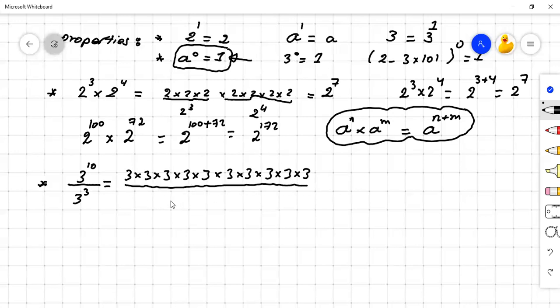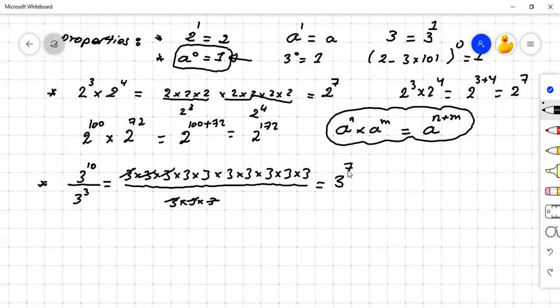And here we have 3 times 3 times 3, and we can simplify 3 with 3 and 3 with 3, 3 with 3. It remains how many 3? 1, 2, 3, 4, 5, 6, 7. So it's 3 exponent 7.